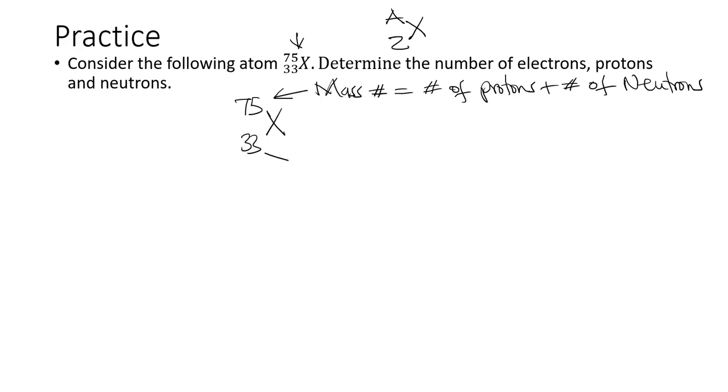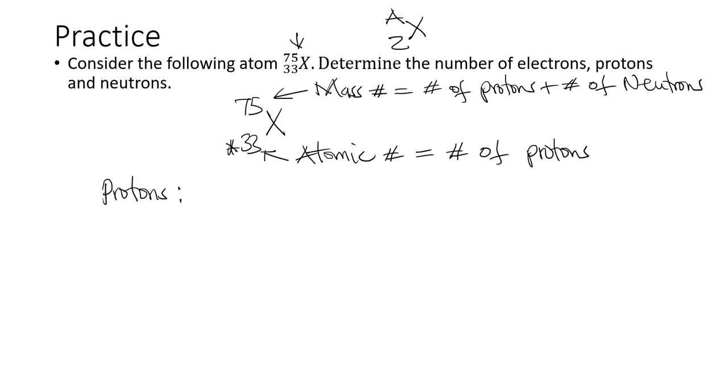And then this is my atomic number, which is number of protons. Now, once I do that, I come back here and say, how many protons do I have? Based on this information, I know I have 33 protons.